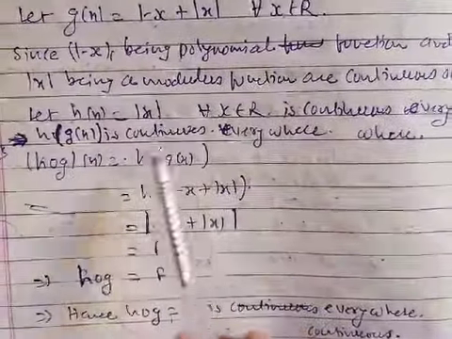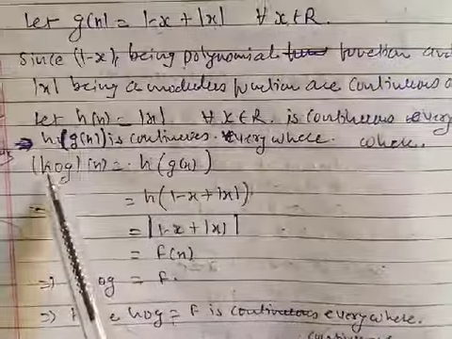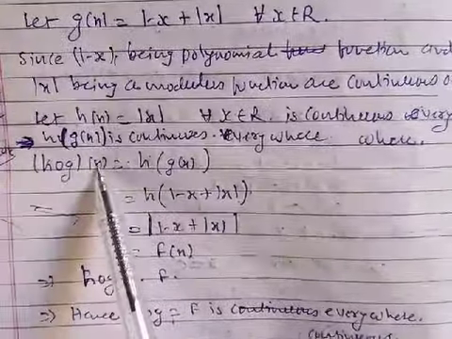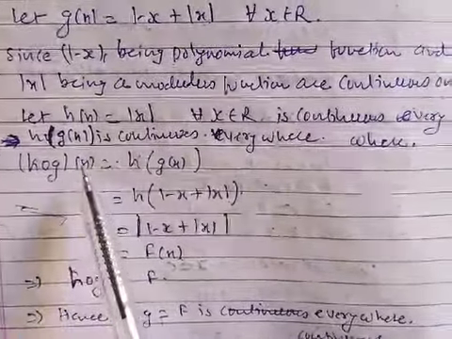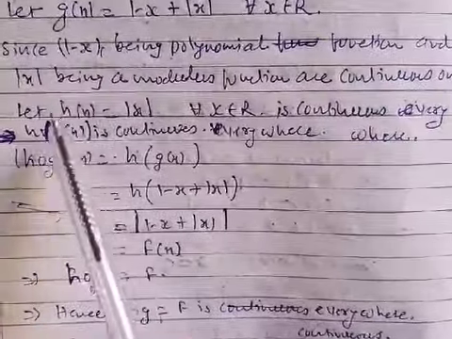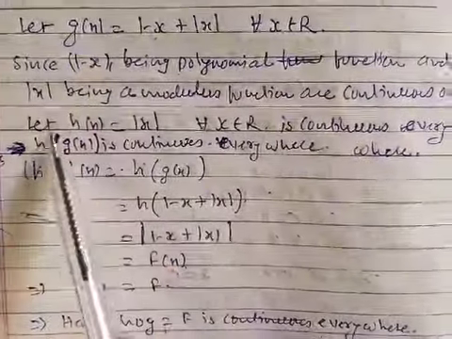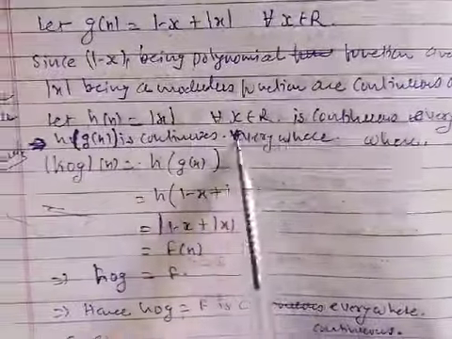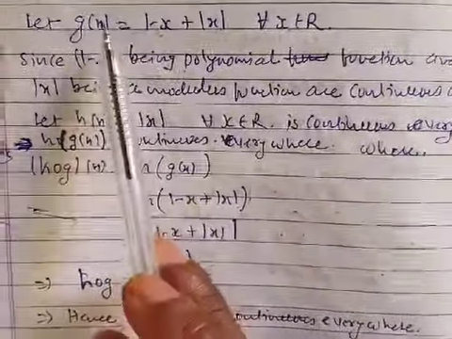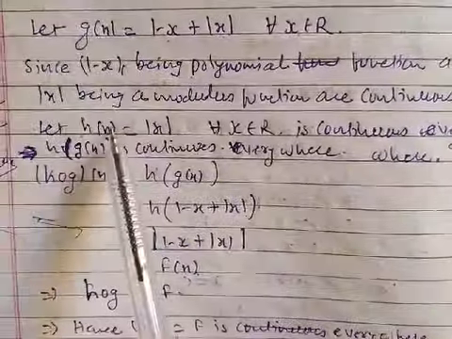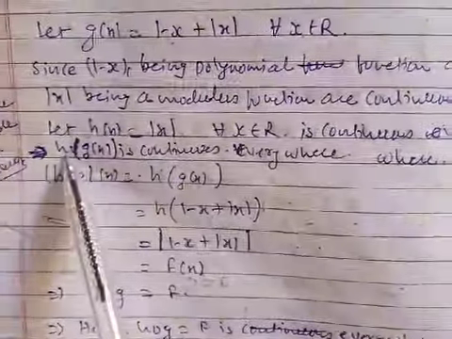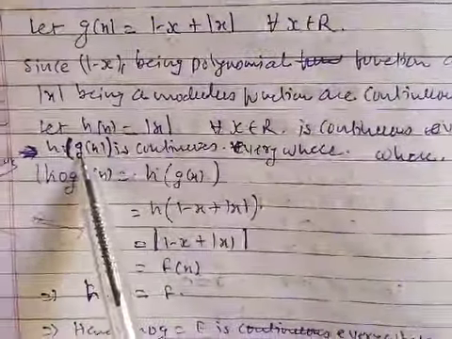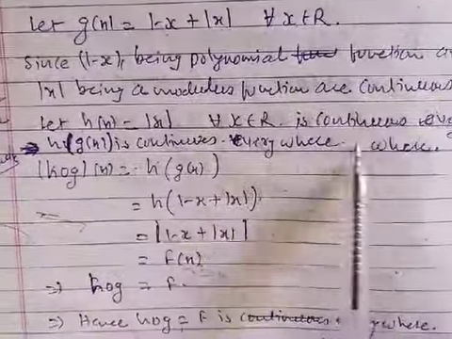Now let's check hog of x. If you operate this h on g, we have to say that h of g of x is continuous everywhere. Why? Because g of x is continuous, h of x is continuous, so h of g of x is continuous everywhere.